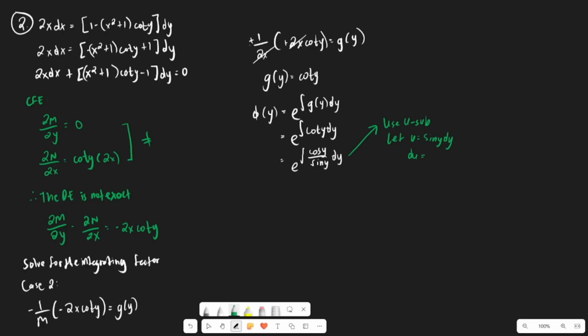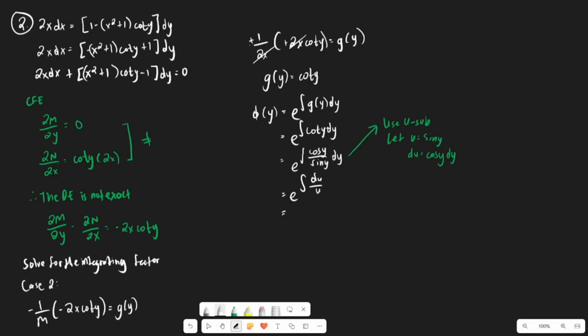So the derivative of sine y is basically cosine y dy, and we can find cosine y dy right here. So this becomes e raised to the integral of du over u.